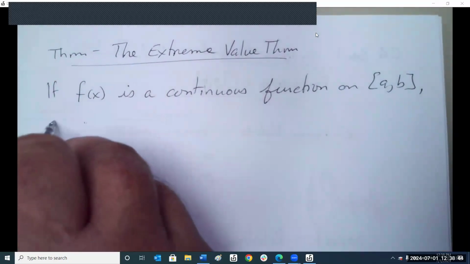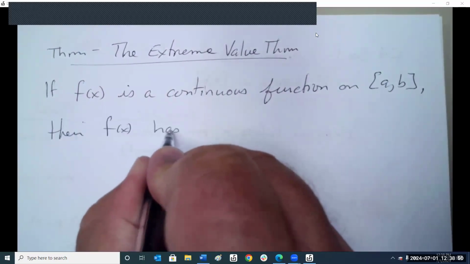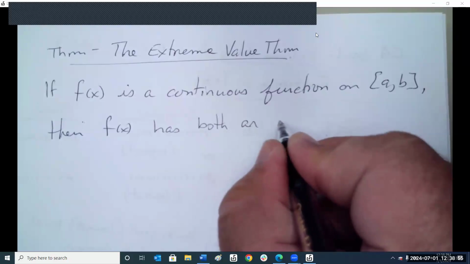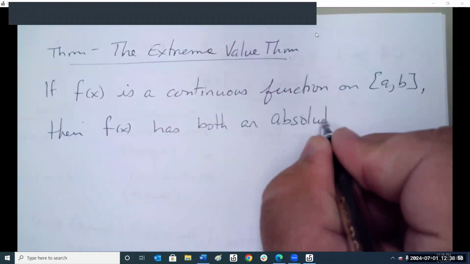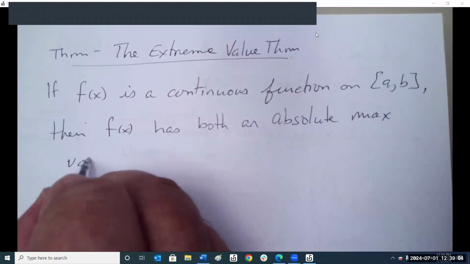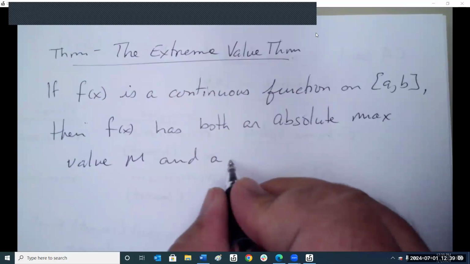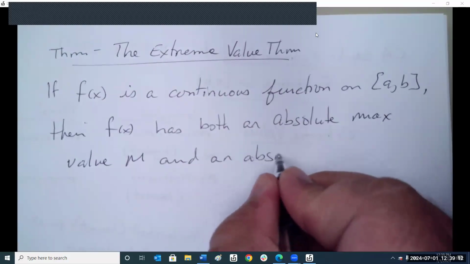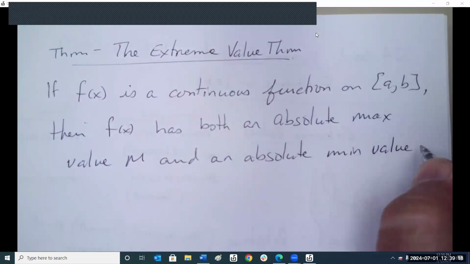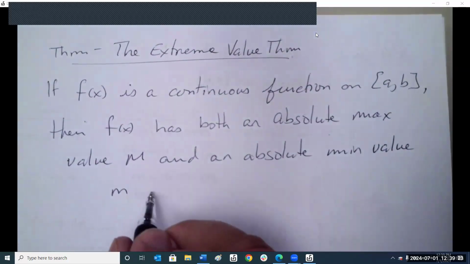So if that's true, then f of x has both an absolute max value M and an absolute min value little m in that domain.